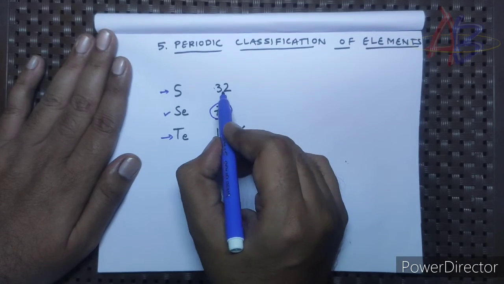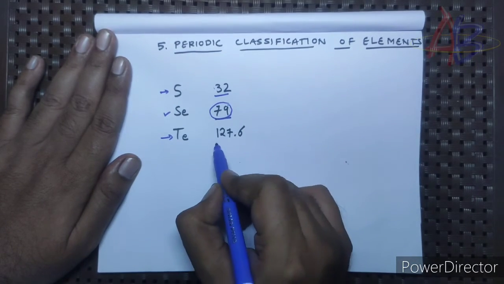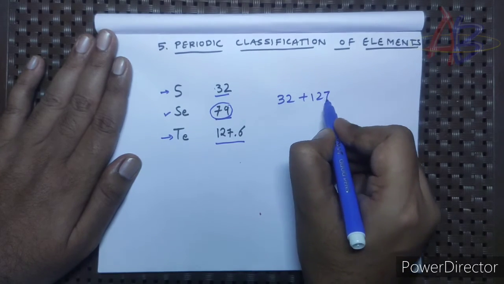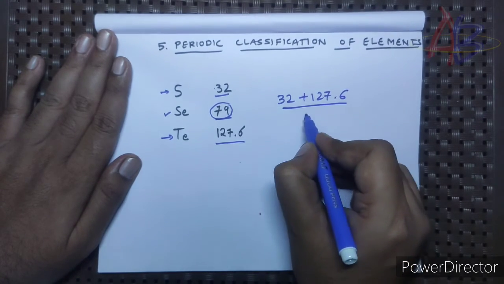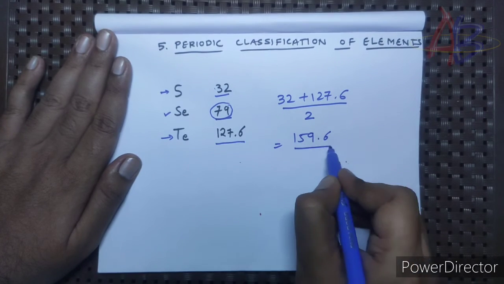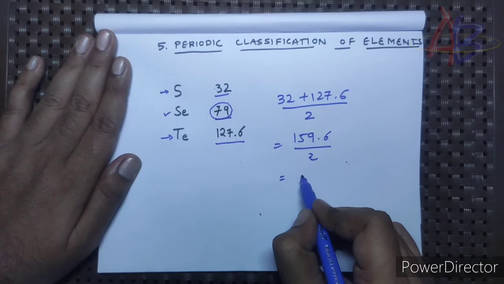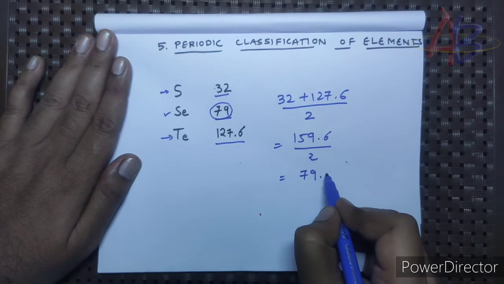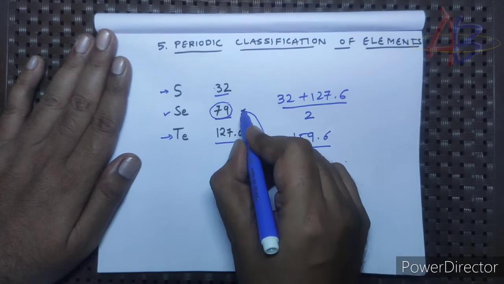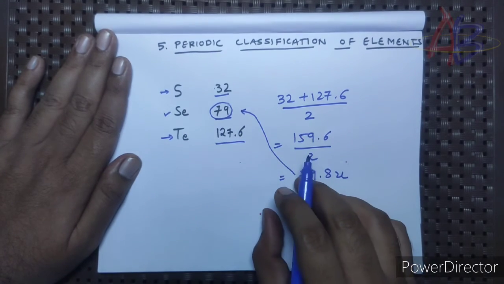So here, on finding the average atomic mass of sulfur and tellurium, we get 32 plus 127.6 divided by 2, that is 159.6 divided by 2. So the answer would be 79.8 units, which is quite close to the actual atomic mass of selenium.